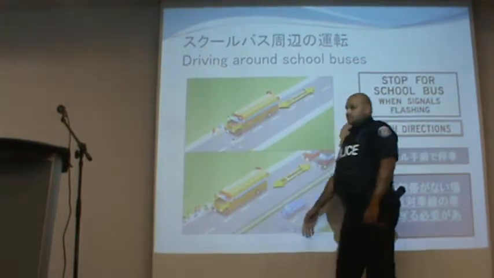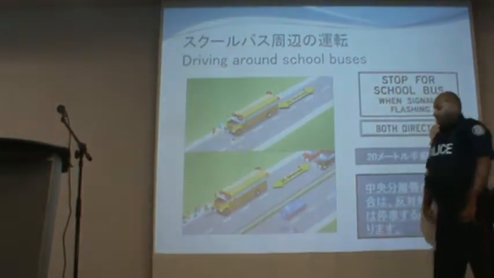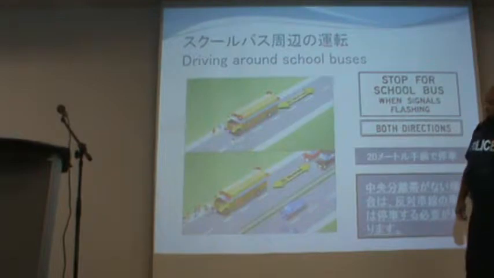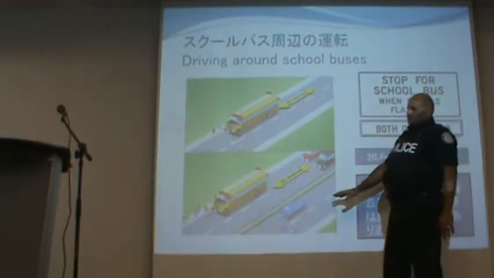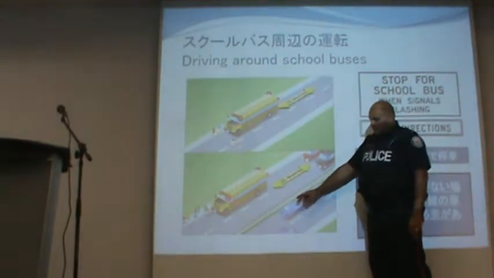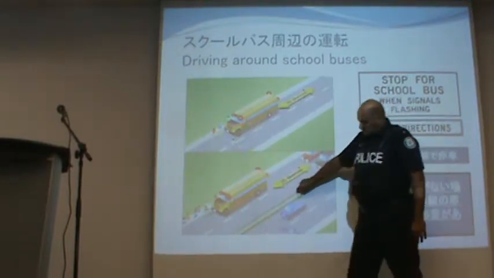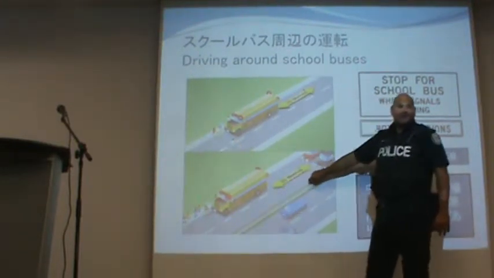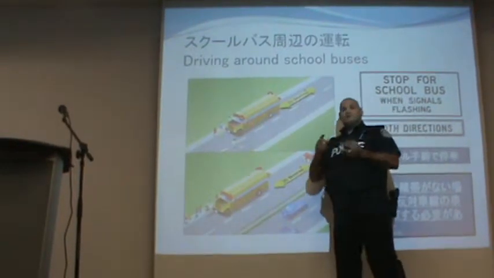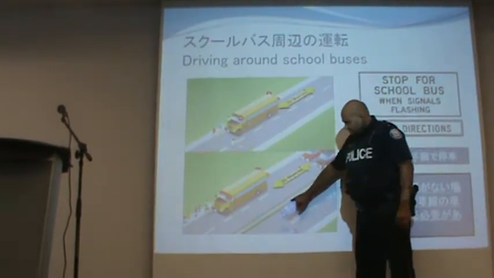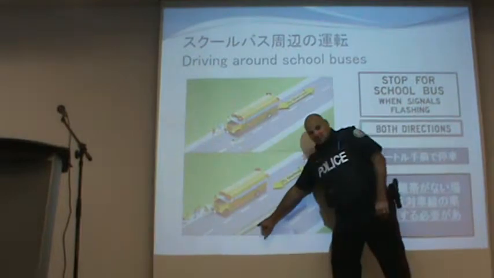The only time that opposite traffic does not have to stop is if there is a median or something cutting the two roads in half, such as a concrete barrier, flower pots, anything that's distinguished, that determines the flow of traffic.